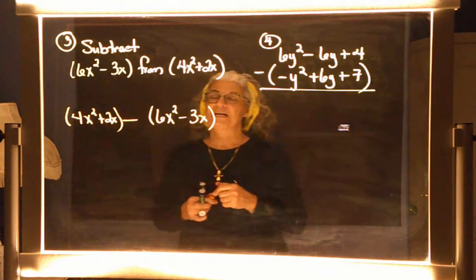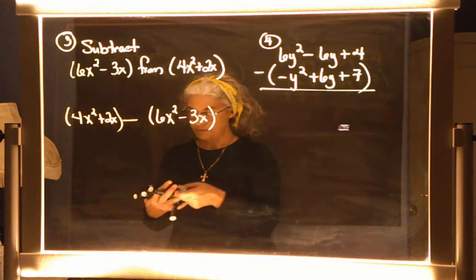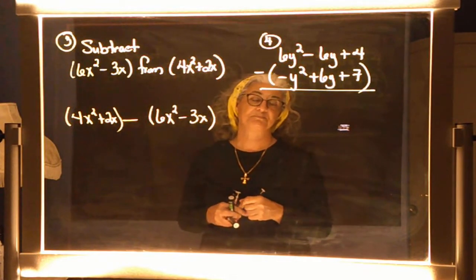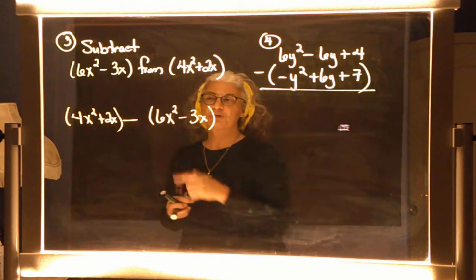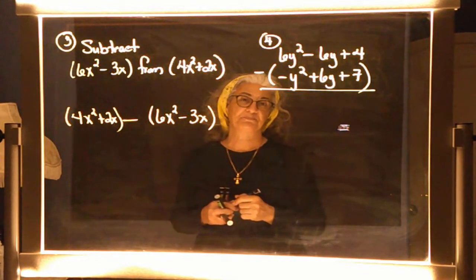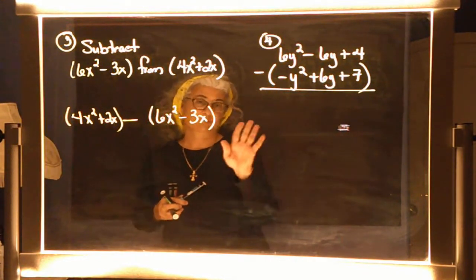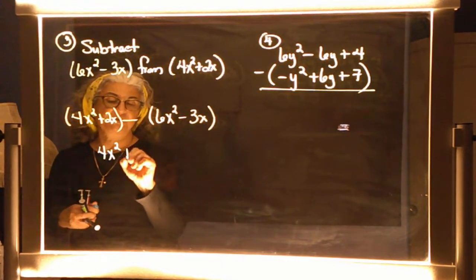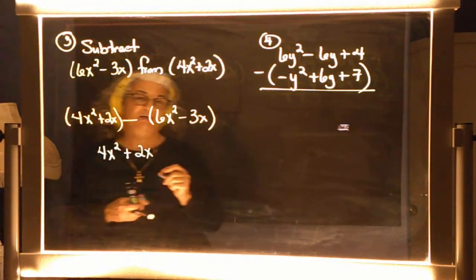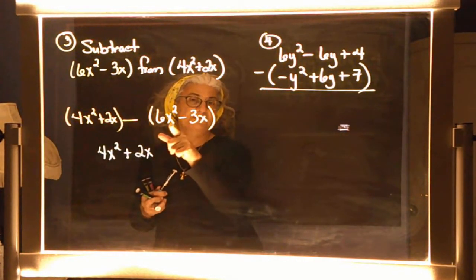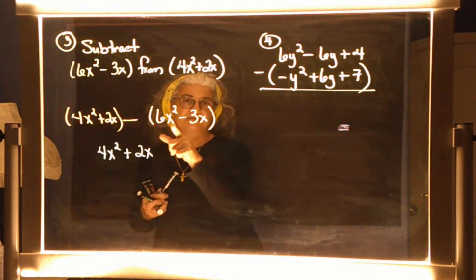Now, here's the deal. Notice the subtraction sign in front of the second parenthesis. Does that subtraction sign belong just to the 6x squared, or does it belong to both of them? Good, it belongs to both of them. So we're going to have the 4x squared plus 2x, right? Okay. And this minus sign, does it go to the 6x squared? Yes, it does.